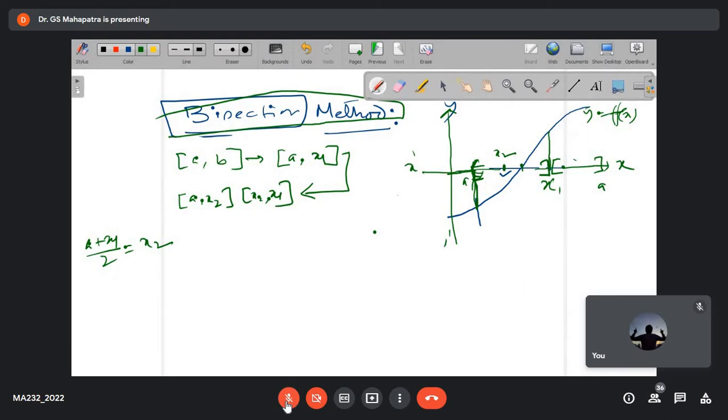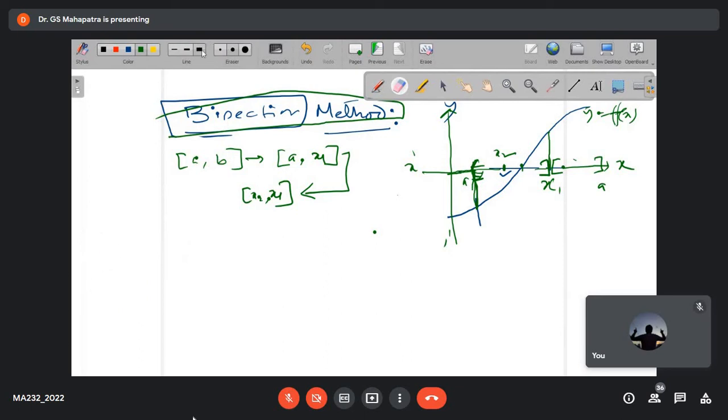Now the root lies between which interval? A to x1 or x2 to x1? x2 and x1. Fine. So the root does not belong to this one, so I will erase this one. What is x2? x2 is a plus x1 by 2.